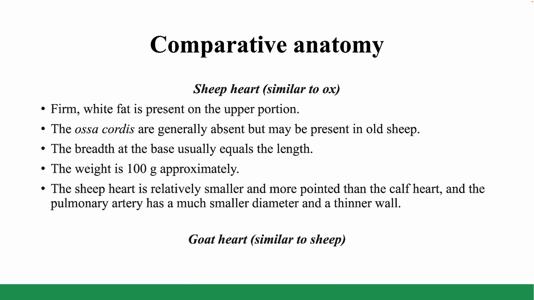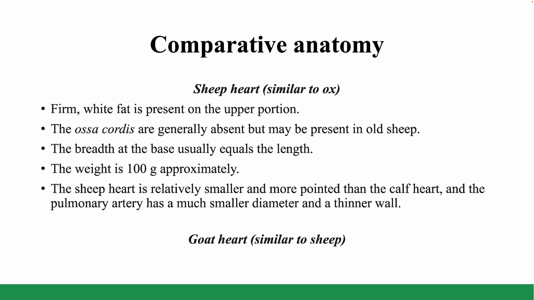In terms of sheep and goat, the heart features are similar, and they somehow resemble the ox's heart. In terms of fat, here the fat is a little bit whiter, but in the ox it was not so white and not so yellow. The ossa cordis here may be absent or may be present depending on the sheep's age.